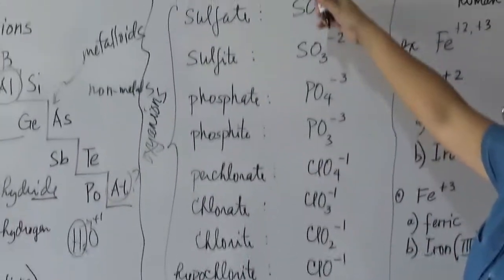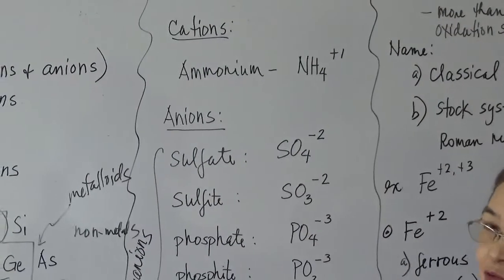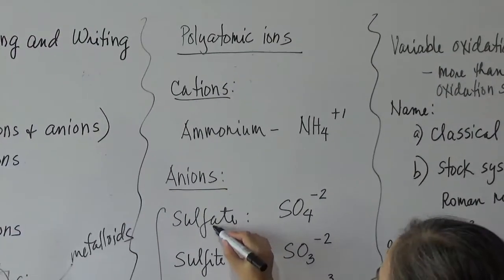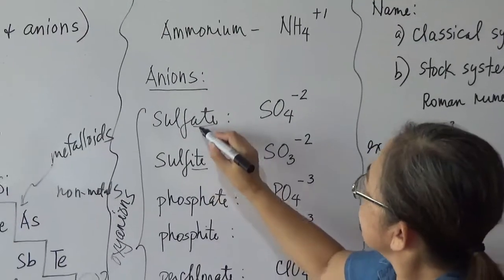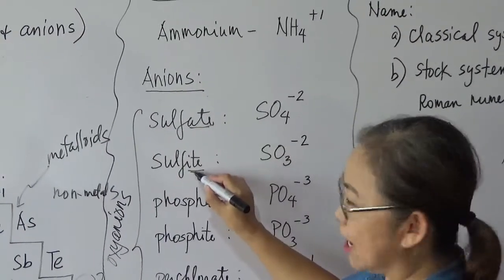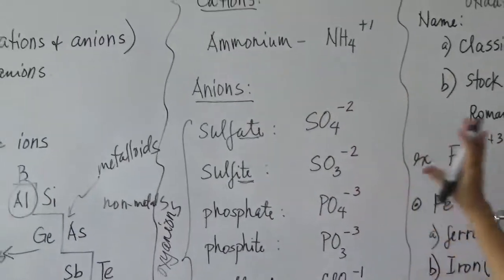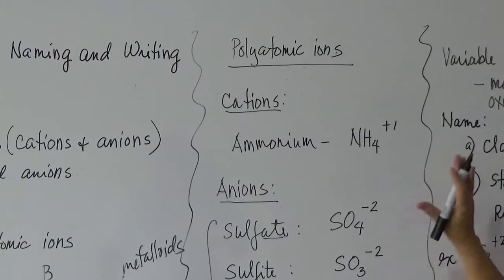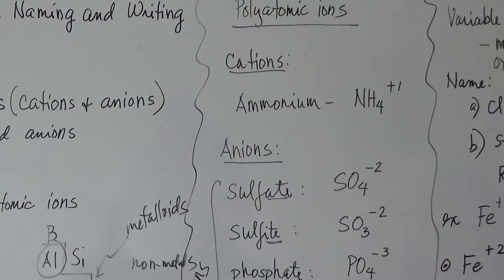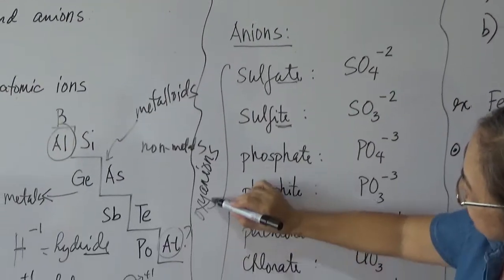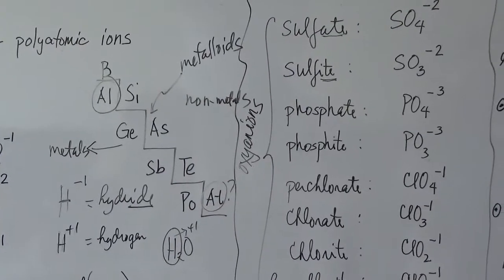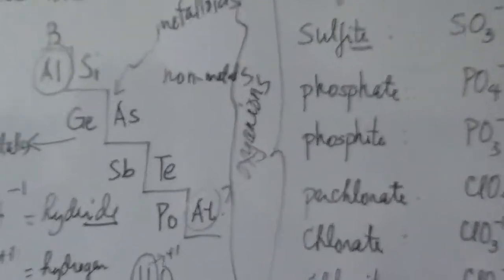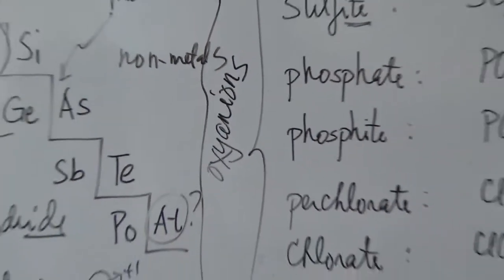Because for polyatomic ions, the suffix will usually end with ate or ite. Take note, it will end with ate or ite if it is a polyatomic ion, mostly if it is an oxyanion. So, cyanide, composed of carbon and nitrogen, -1 charge, but it ends with IDE.